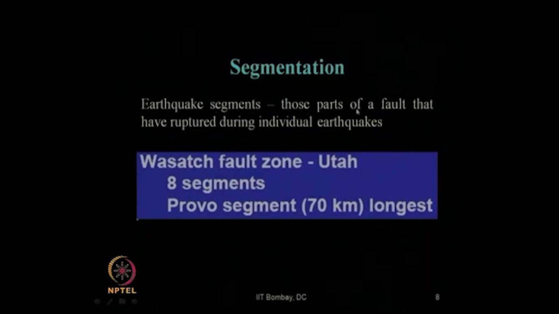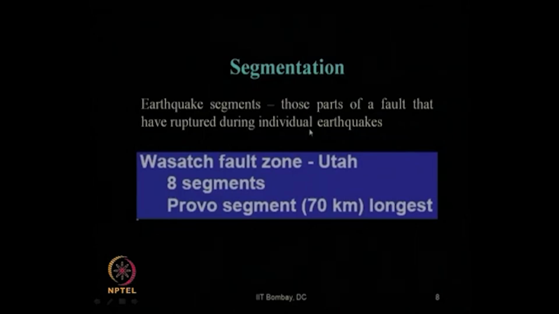Those parts of the fault that have ruptured during individual earthquakes are nothing but the earthquake segments. That is, within the active fault, only those parts of the fault which have ruptured during your period of consideration.